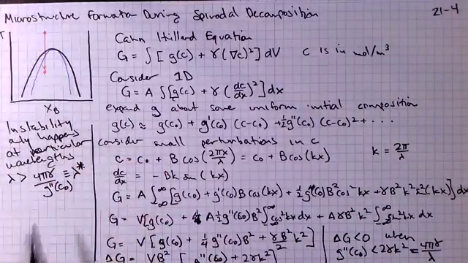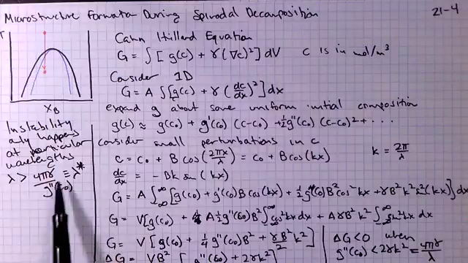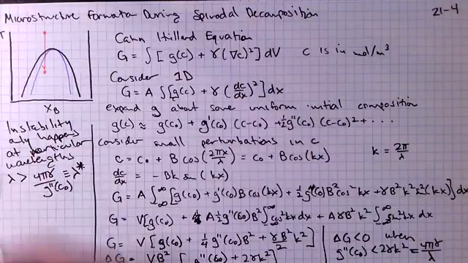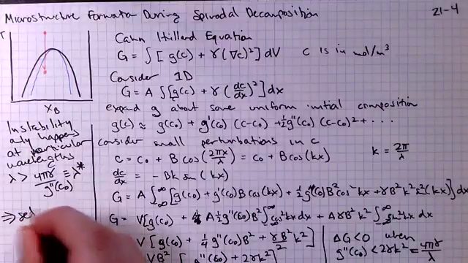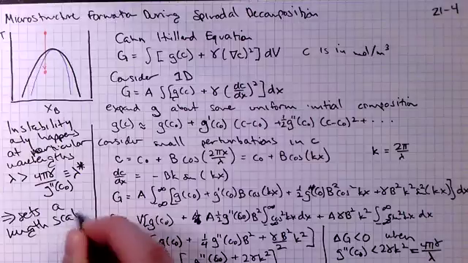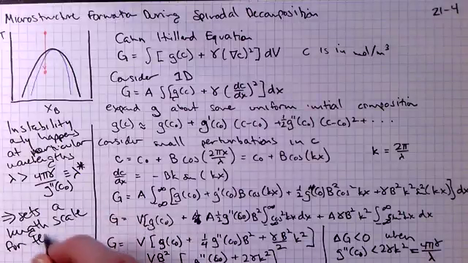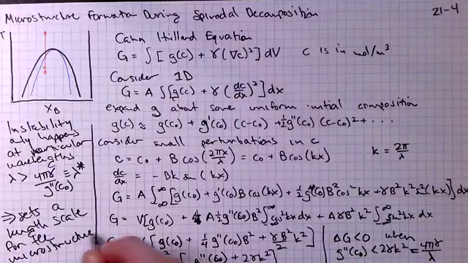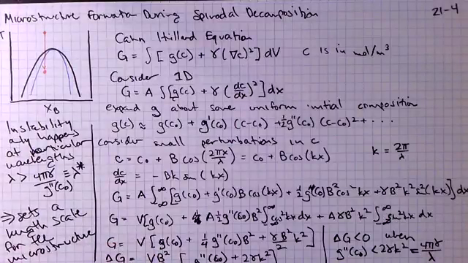So only the large wavelength modes are unstable, and only when you get above a certain length. And so this actually sets a length scale for the microstructure that forms during spinodal decomposition.